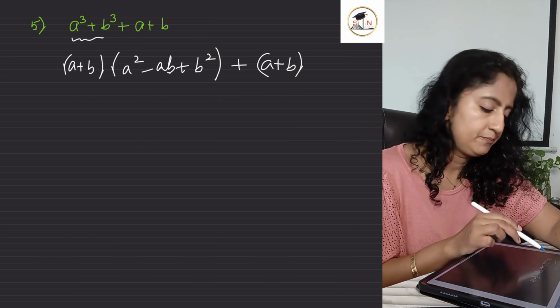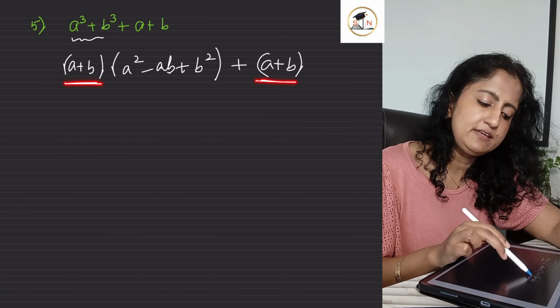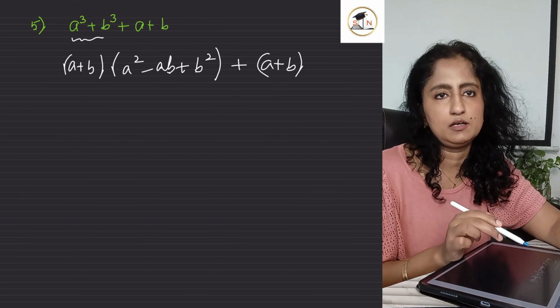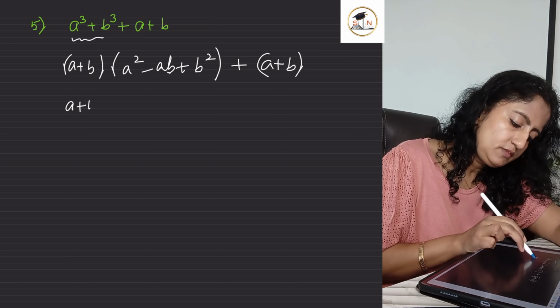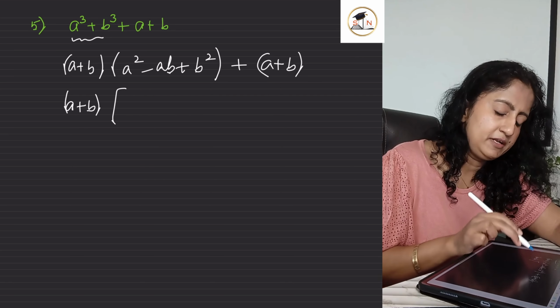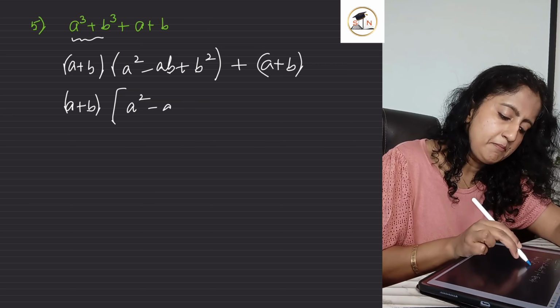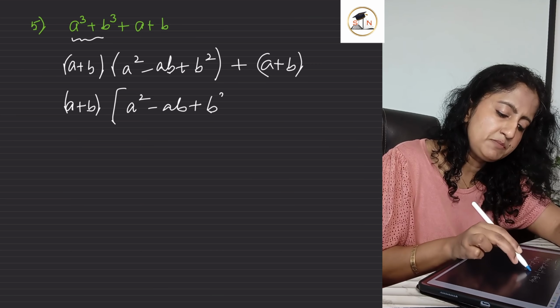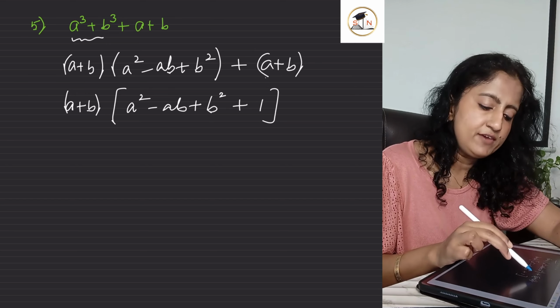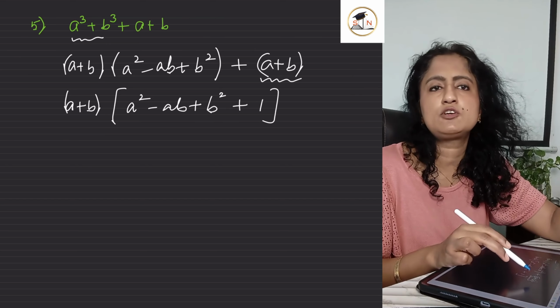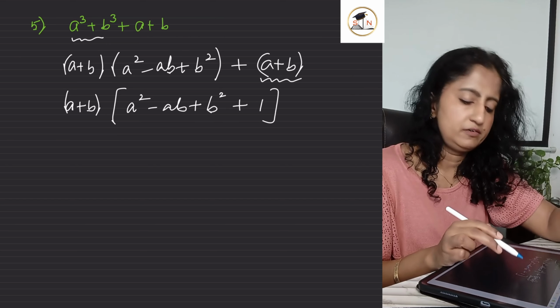And how do we do that? (a plus b), I can see we have got common over here, right? So I am going to take that out. And when I take that out, what am I left with? a square minus ab plus b square plus 1, right? And when I took out (a plus b), in place of that, I'm just left with 1, right?